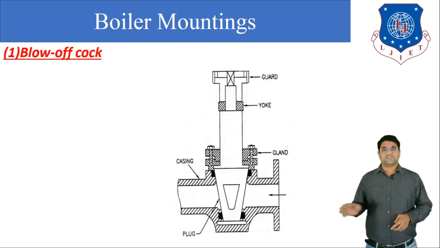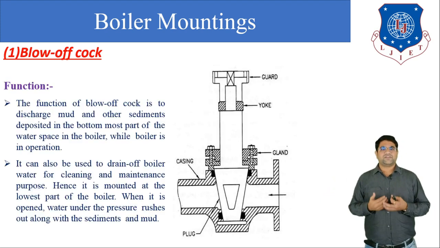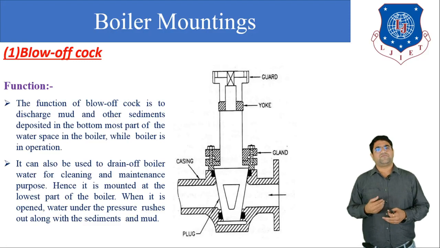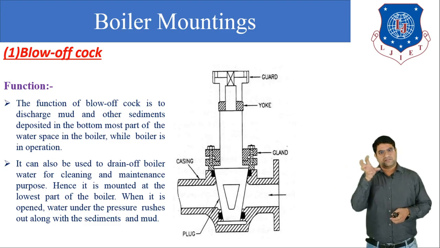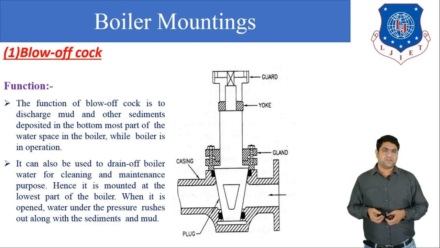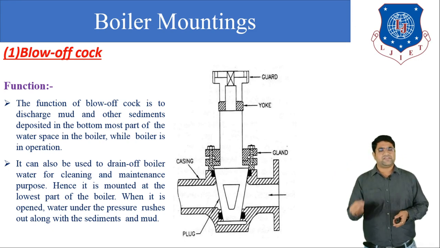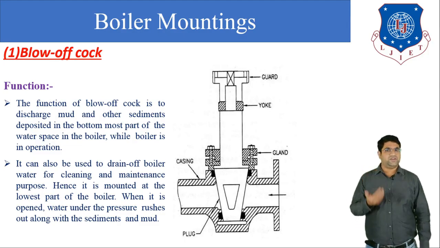So this is the figure of the blow off cock. First of all, let us discuss the function of the blow off cock. Whenever we fill the boiler with water, some impurities come along with the water inside the boiler. Whenever we heat up that water, those impurities settle at the bottom of the boiler. We have to remove those impurities so that we can have effective heat transfer.